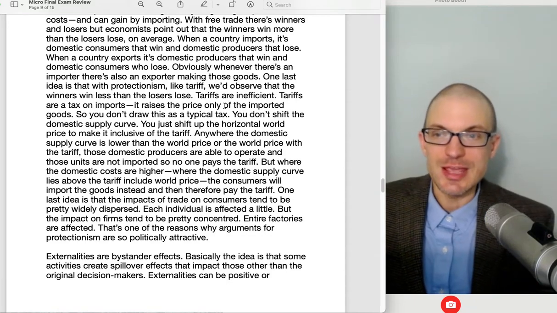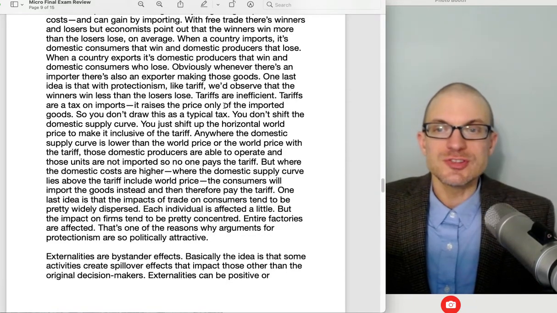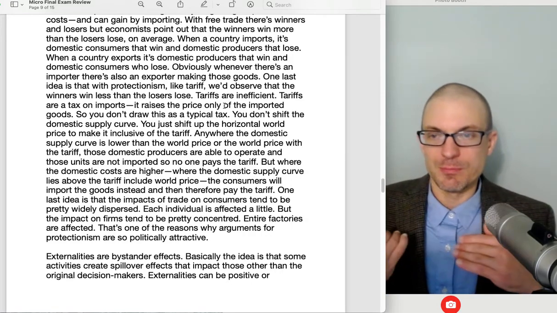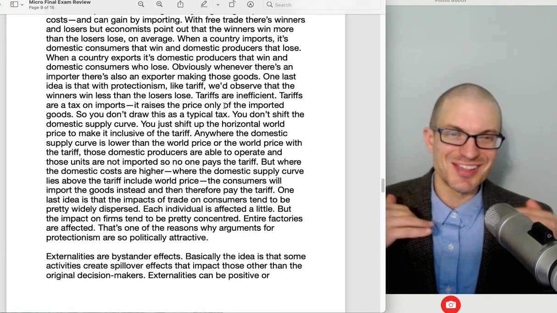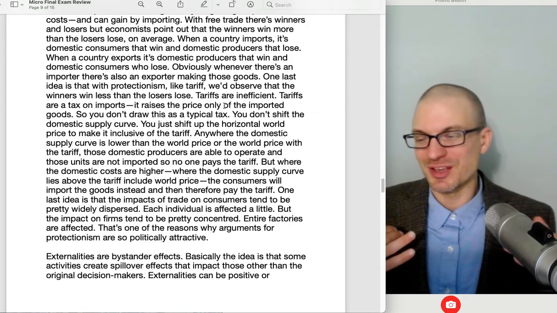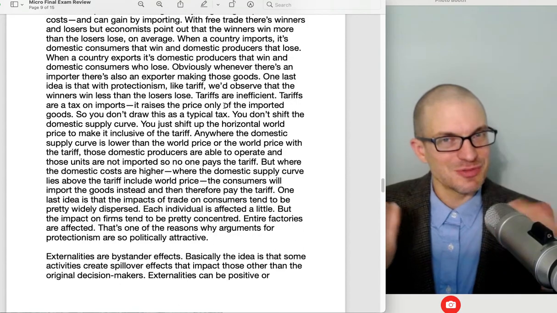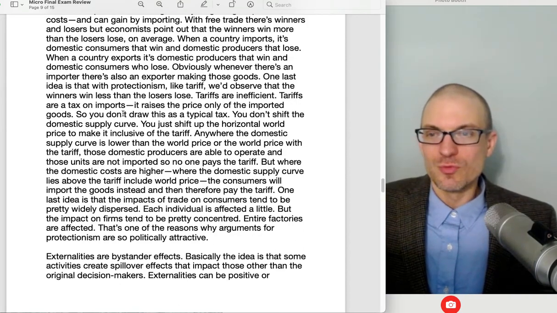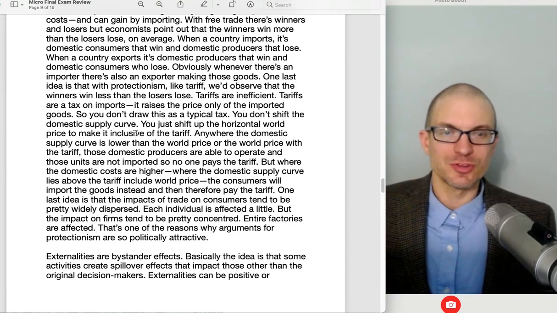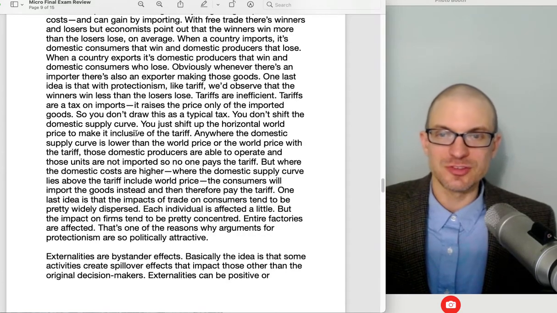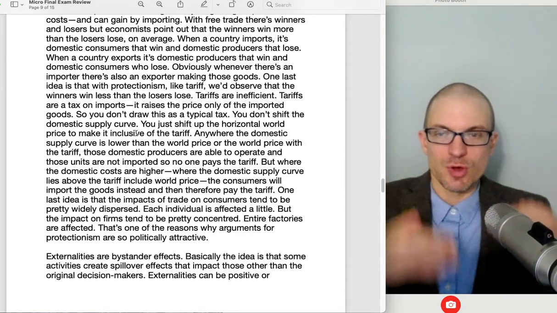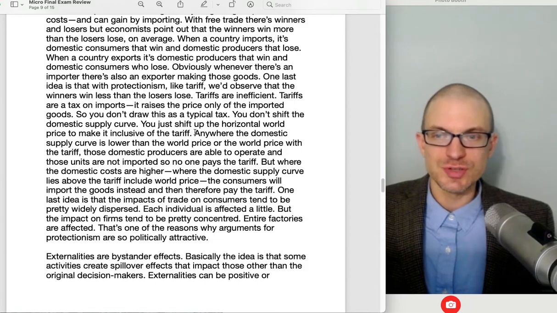Tariffs are a tax on imports, and what it does is raise the price of not only the imported goods but of all goods sold in the market, because domestic producers no longer have to compete as aggressively with foreign producers. So we don't draw a tariff as a typical tax. Instead, we shift up the horizontal world price to make it inclusive of the tariff.